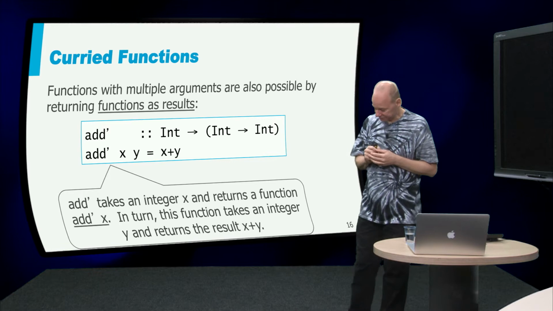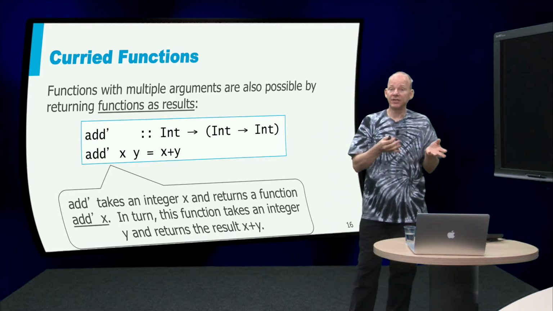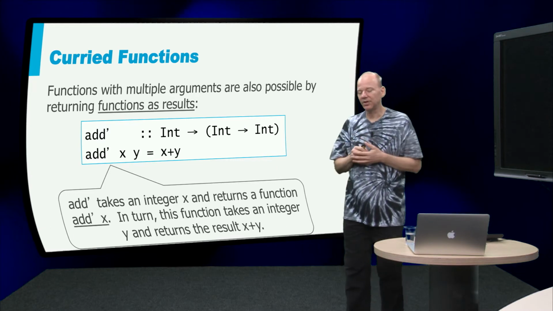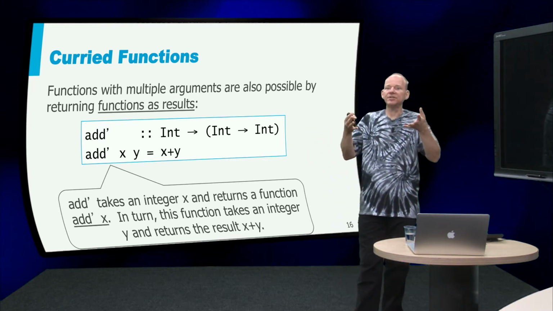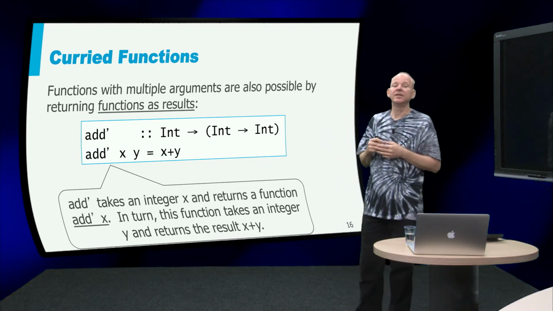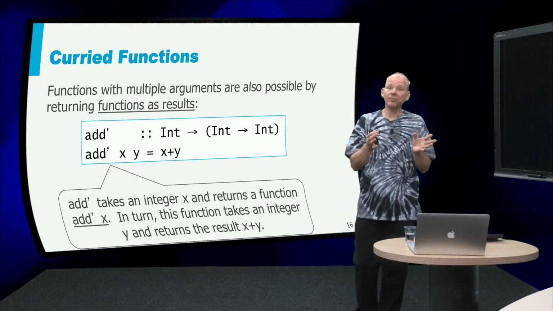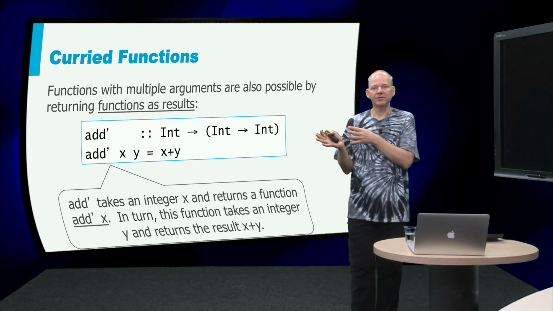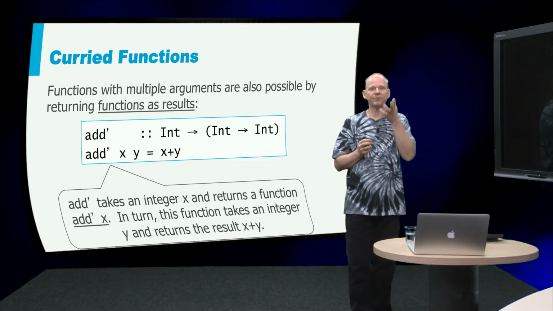One thing, if we make the types, the arguments and the results of function types arbitrary, they can be functions themselves. And this is where curried functions come in. So instead of defining add to take a tuple of integers and return an integer, in Haskell it's more common to define add as follows.